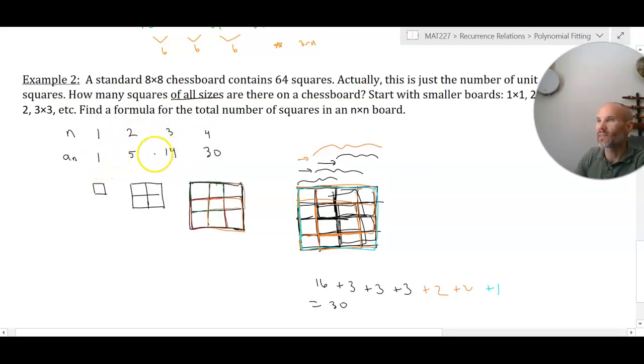Okay, I think we have enough data to at least check our differences. Now, I already see that the differences are not constant. So if I analyze 1, 5, 14, 30, I look at the differences, 4, 9, 16. If I look at those, I get 5 and 7.